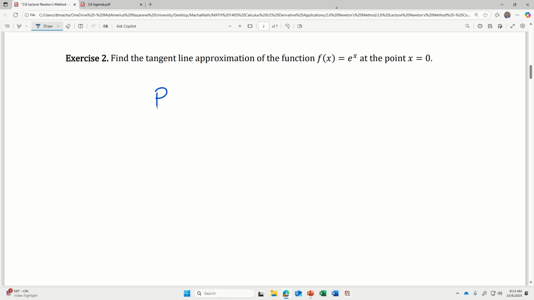And so that means I could write something like this. That's our formula for the tangent line approximation.